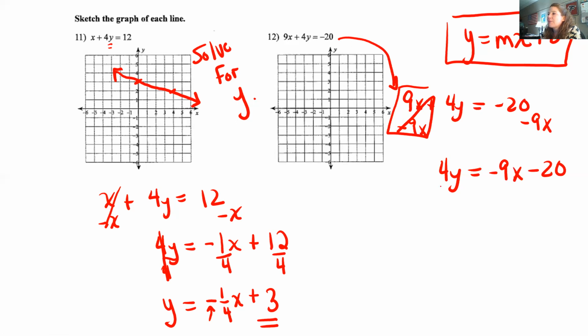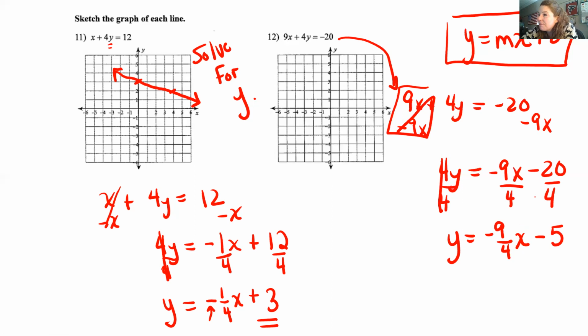Now to get rid of times 4, I'm going to divide every single term by 4. y equals, leave it in fraction form, negative 9/4 x. And then negative 20 divided by negative 4 is negative 5. So what is my slope-intercept form? I'm sorry, what is my y-intercept? My y-intercept is (0, negative 5).